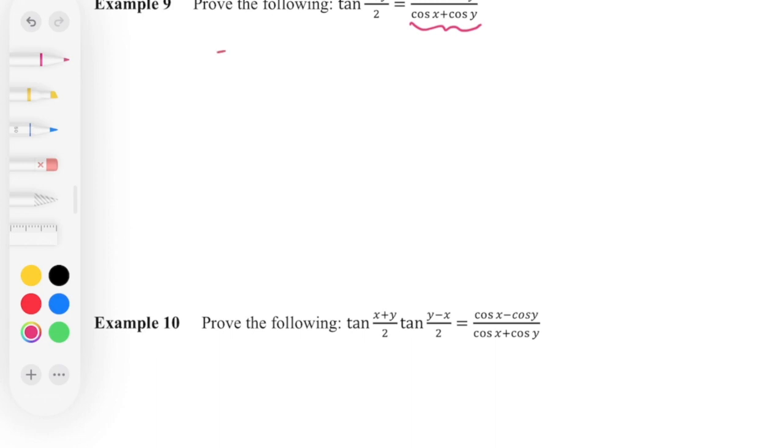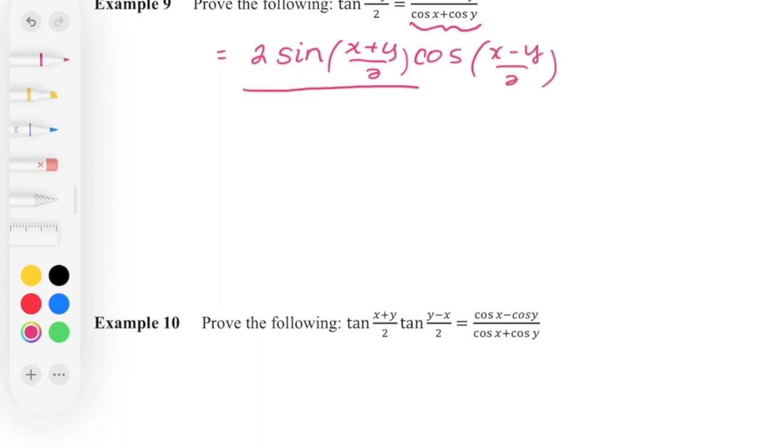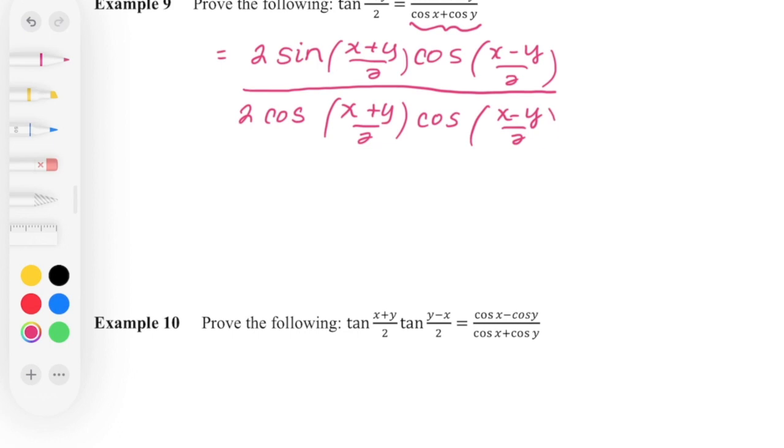Looking at our numerator, we will have 2 times sine of (x plus y) over 2 times cosine of (x minus y) over 2, all over 2 times cosine of (x plus y) over 2 times cosine of (x minus y) over 2.